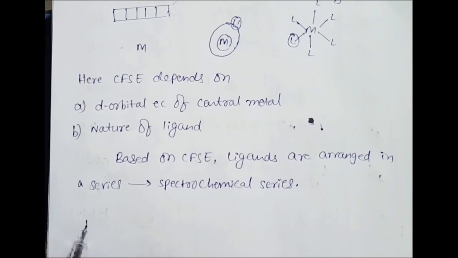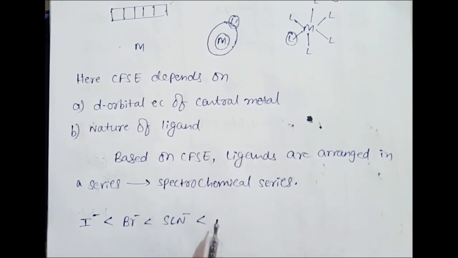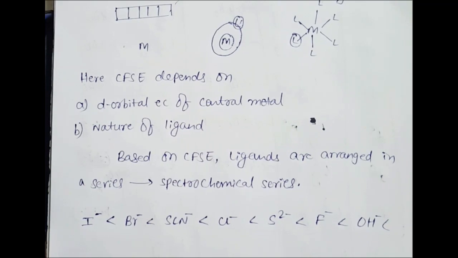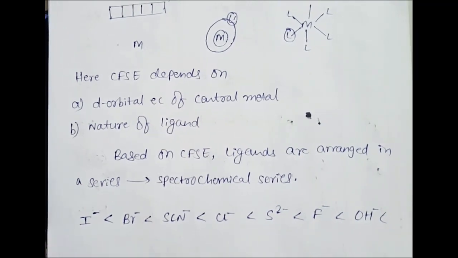The spectrochemical series is I minus, the weakest ligand, then Br minus, then thiocyanate, SCN minus, then Cl minus, chloride ion, then sulfide ion, then fluoride ion, then hydroxide ion, then oxalate, then water, then isothiocyanate, then EDTA 4 minus, then ammonia, then ethane 1,2-diamine, then CN minus, and carbon monoxide. This is called the spectrochemical series.